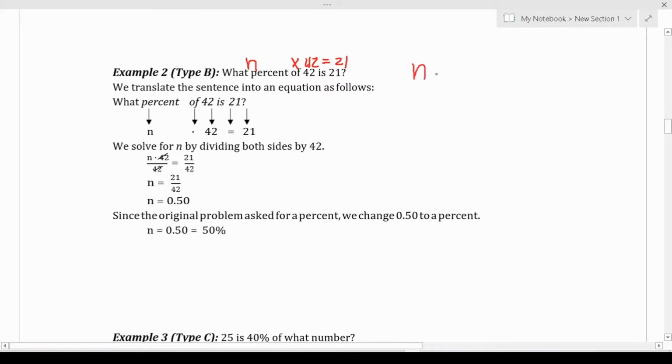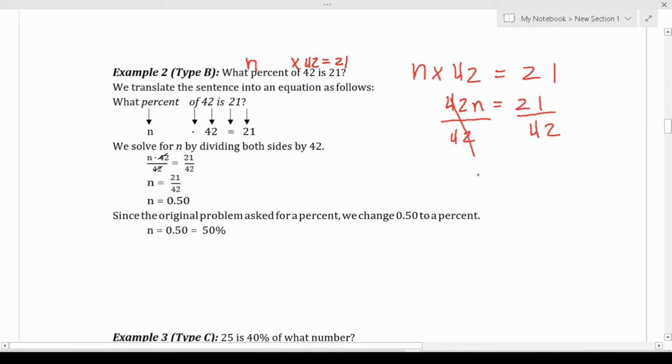So to figure out this one, what percent of 42 is 21? We do n times 42 equals 21. And you could write this as 42n equals 21. And as you can see, in order to solve for n now, all we do is divide both sides by 42.